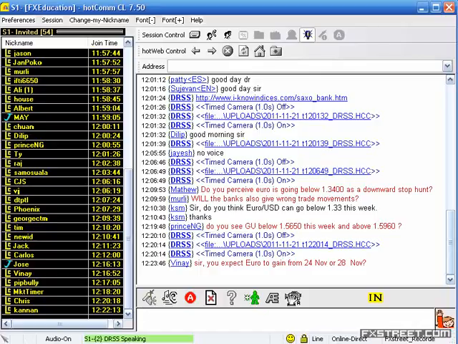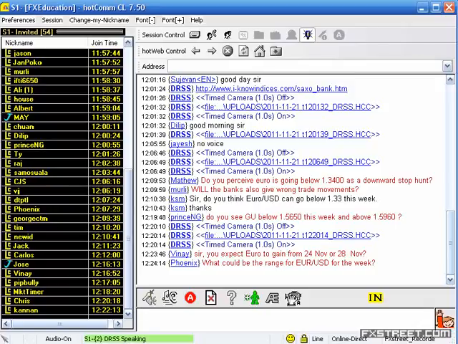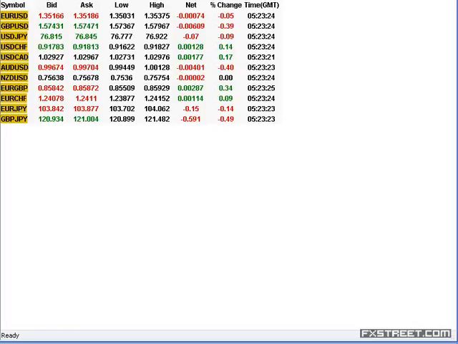Then Vinay, do you expect Euro to gain from 24th November or 28th November? I'm expecting Euro to gain from today after a brief downward stop or just a false move down to the low. There are two possibilities. The less likely expectation is an extended downward move for about 2 hours and then they could gain the levels.